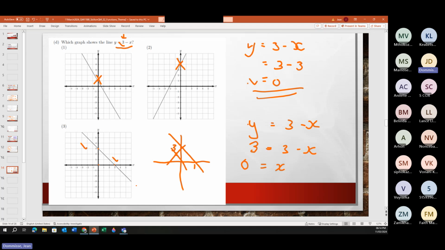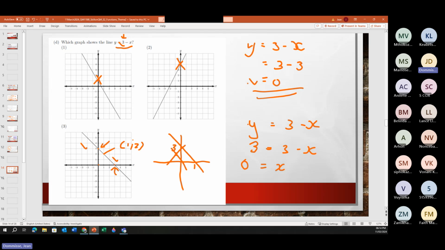So one can look at it from putting in that point or putting in that point to get your other value. We would have been able to do the same with that point, which is 1 and 2.